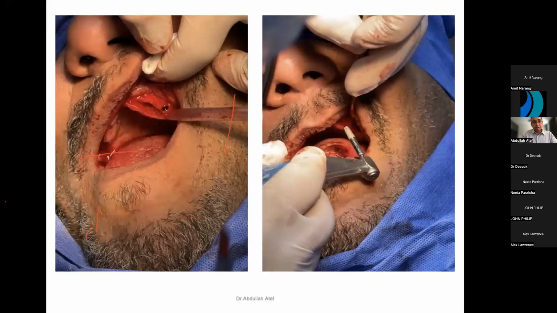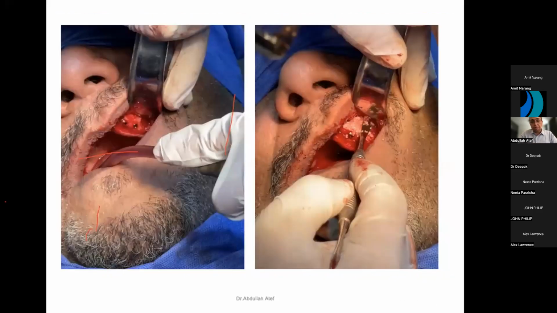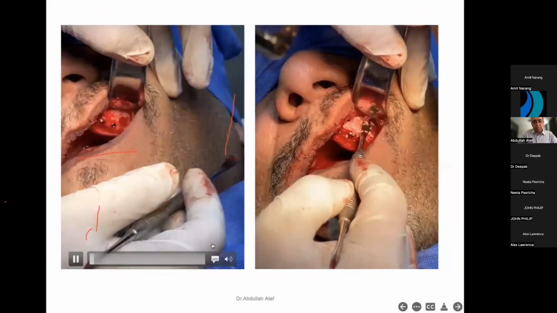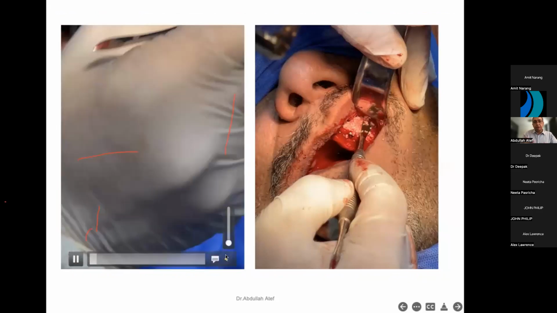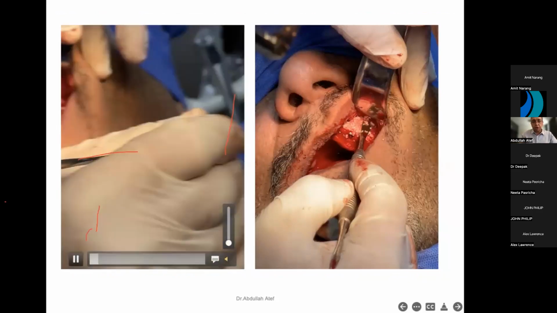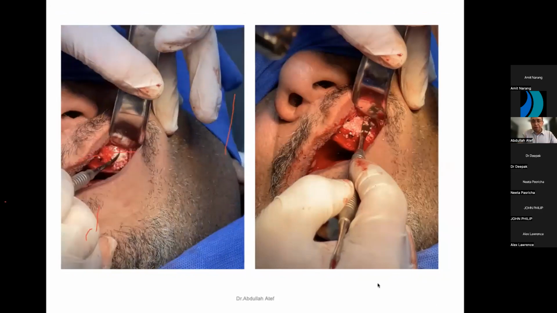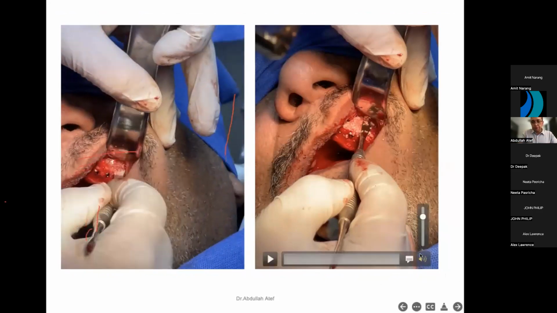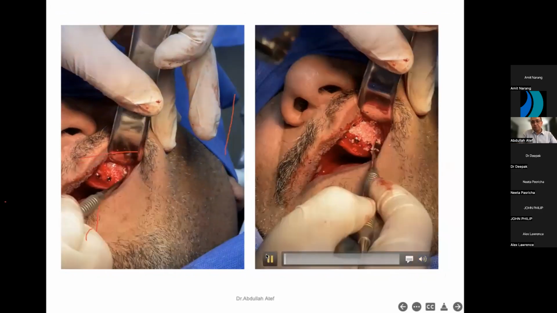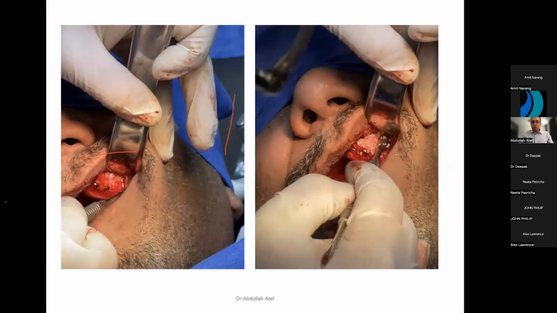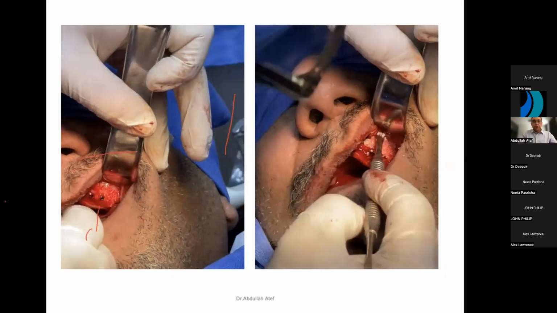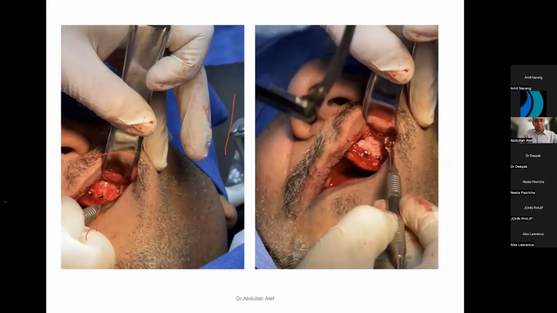After that, completing the bone reconstruction, we put the graft inside the sinus and around the ridge, trying to restore the arch form and contour.